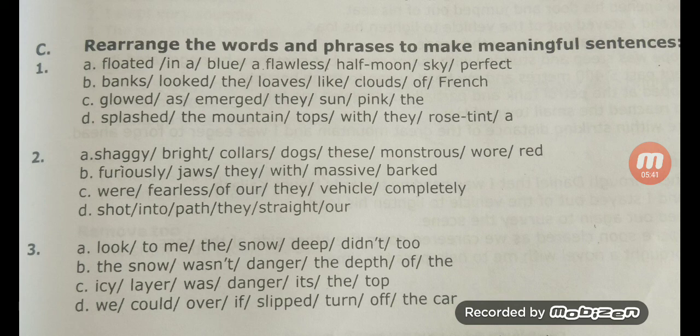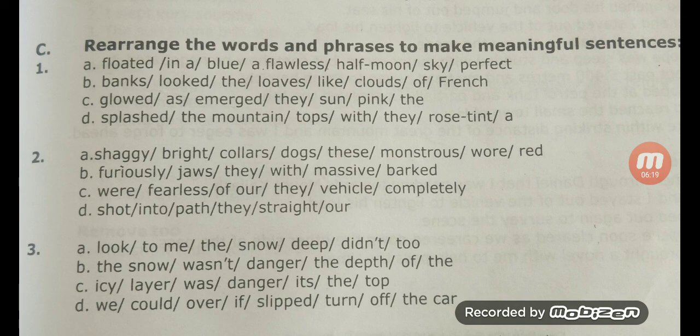Just have a look at it. A flawless half moon floated in the perfect blue sky. Sometimes the rearrangement may be asked beyond your textbook portion. It is just to check whether your grammatical language is right or wrong. B. The banks of clouds looked like French loaves.